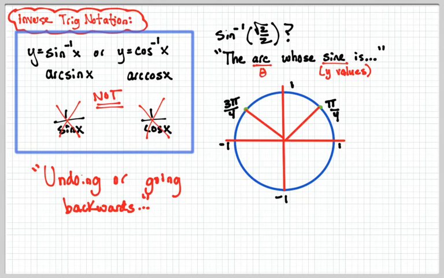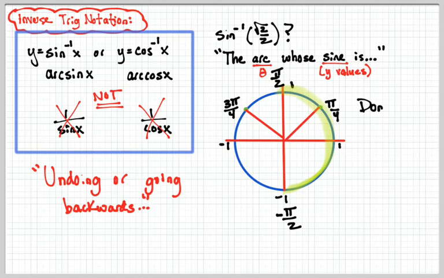Okay, so to do this, we knew there were two solutions, but if we're taking the inverse and we're only looking for one, we had to restrict the range. And the restricted range, we did it right along here, was from negative pi over 2 to pi over 2. So we can write that down here. Negative pi over 2, and pi over 2.